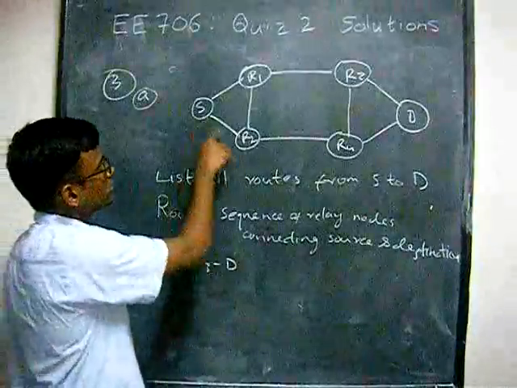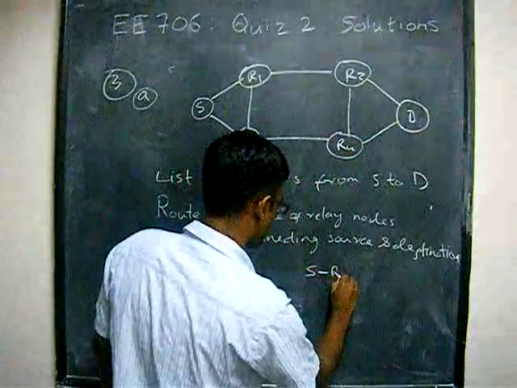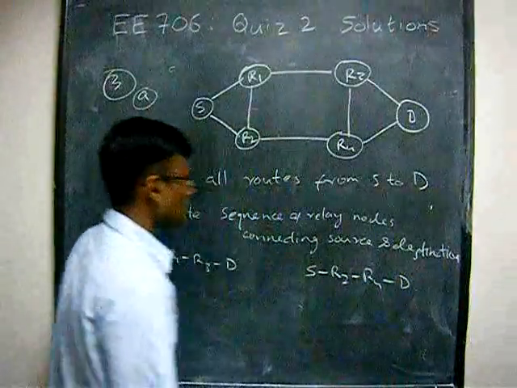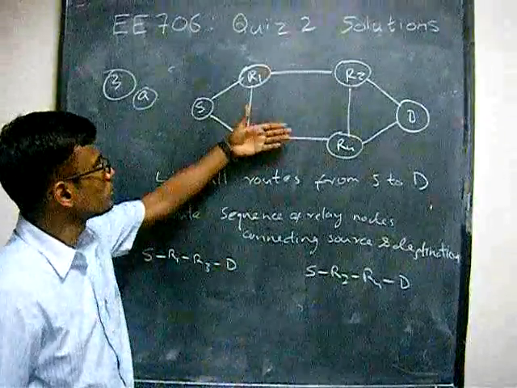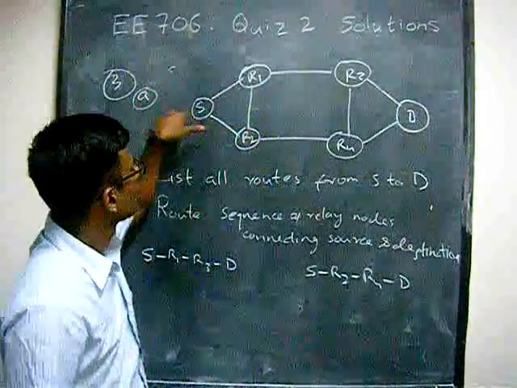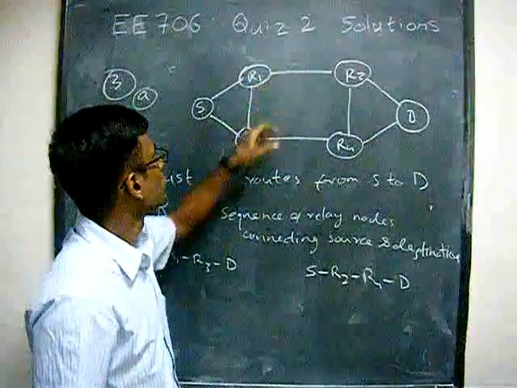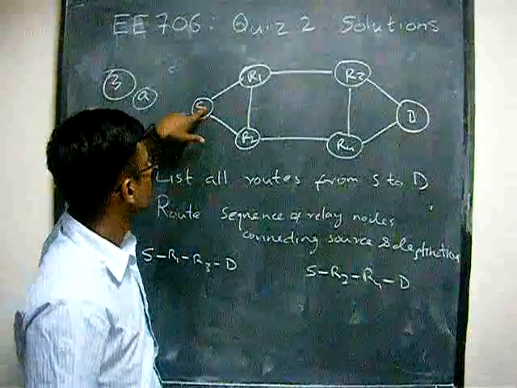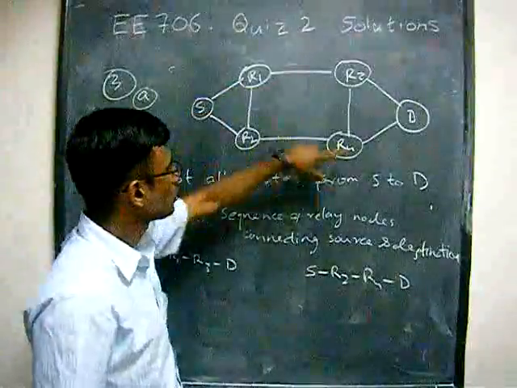Now another route is S, R2, R4, D. As you can see, if you just look at this picture, it is symmetric along this axis. Whenever there is a route which goes through R1, because there are only two possibilities for the first step, R1 or R2, there is a corresponding route through R2.